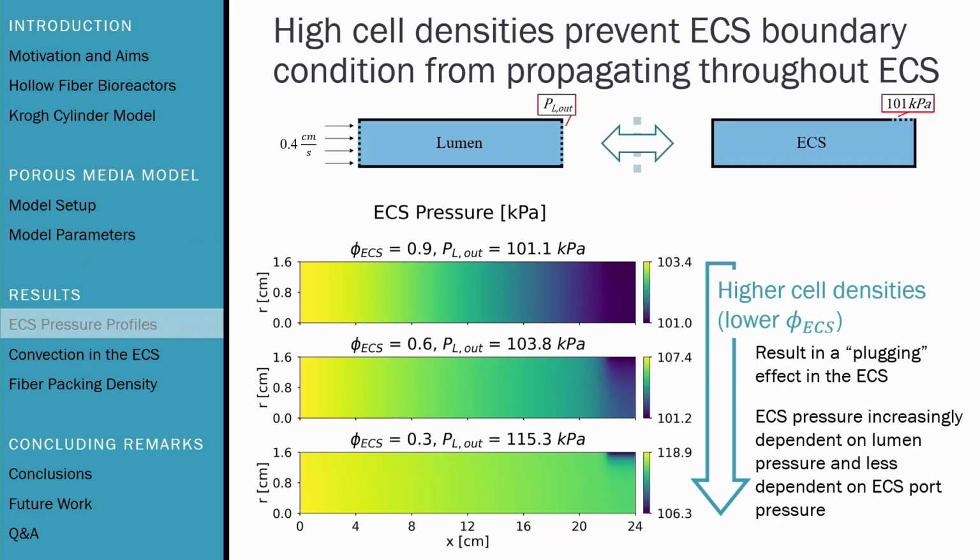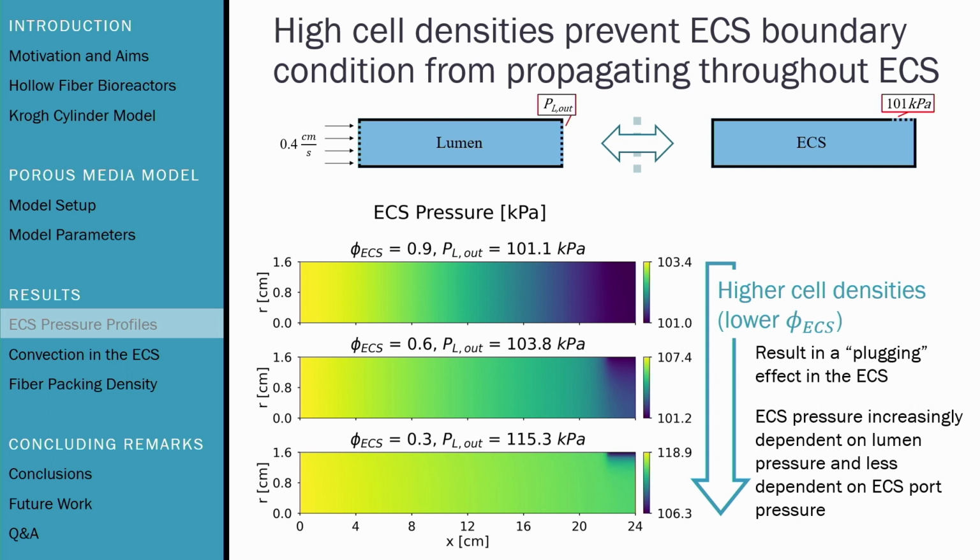So one of the key findings from this work is that high cell densities prevent the extracapillary space port boundary condition from propagating throughout the ECS. So going from top to bottom, these plots show the steady state pressure profile in the extracapillary space for increasing cell densities and corresponding decreasing porosity.